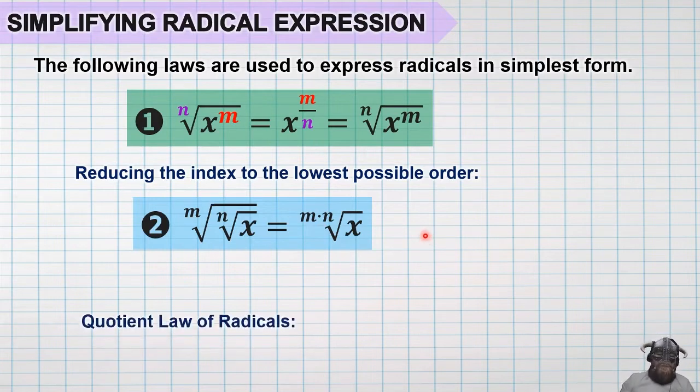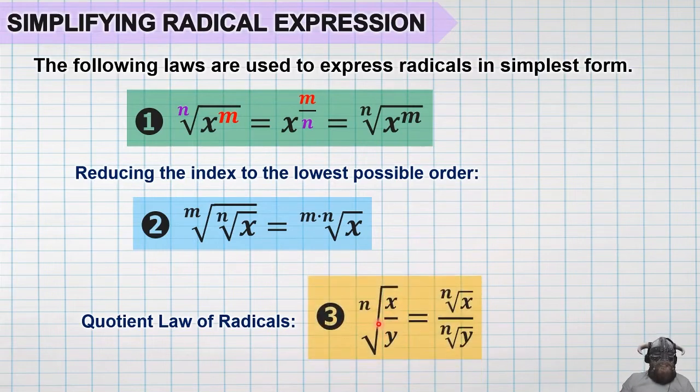The third one will be the quotient law of radicals, wherein it says that the nth root of x over y is equal to the nth root of x over the nth root of y. So somehow, medyo similar siya dun sa product law of radicals natin.